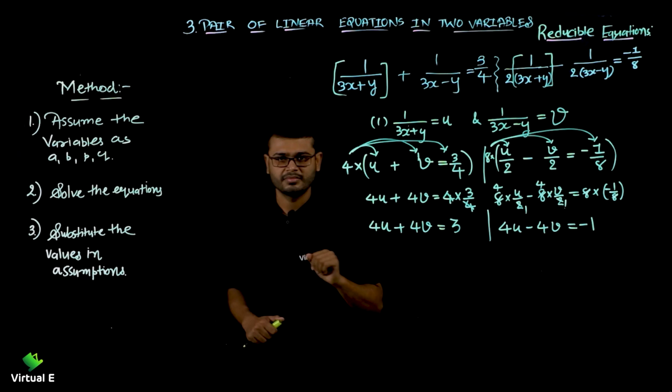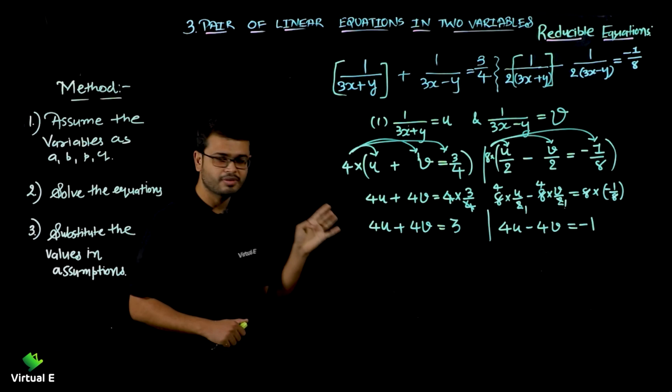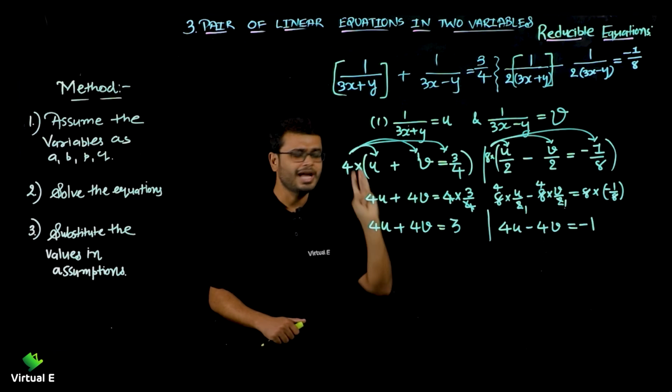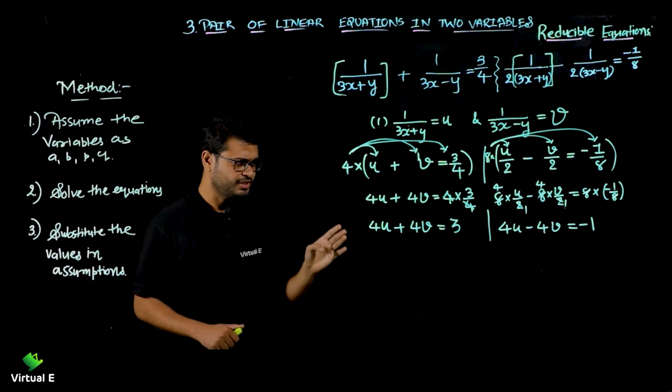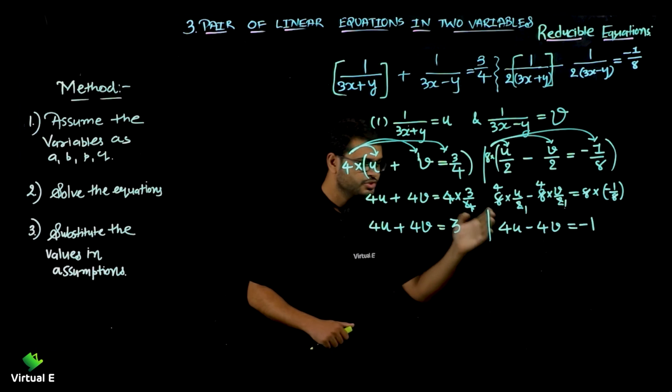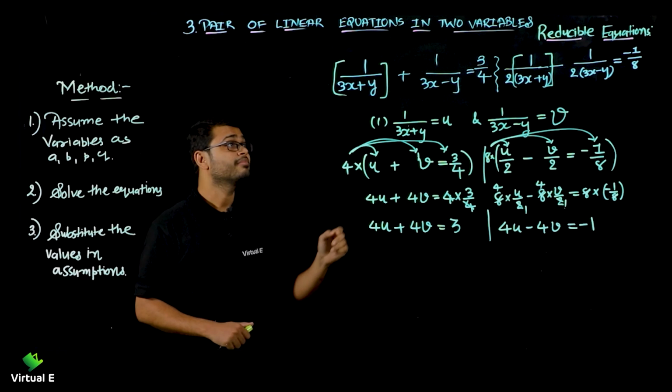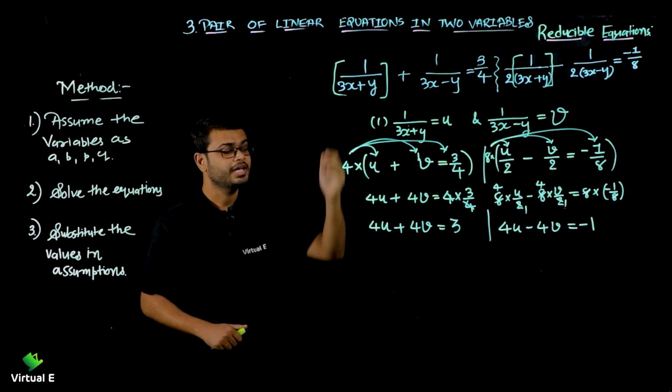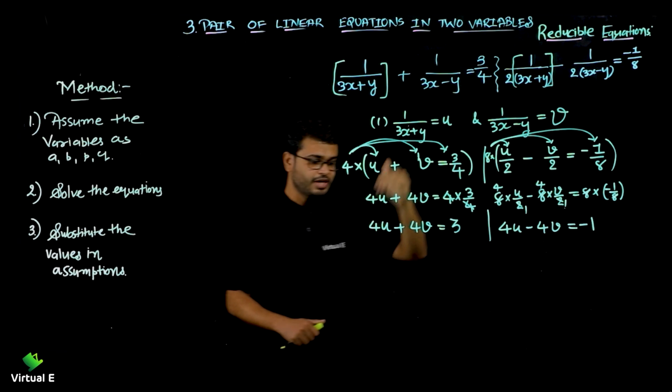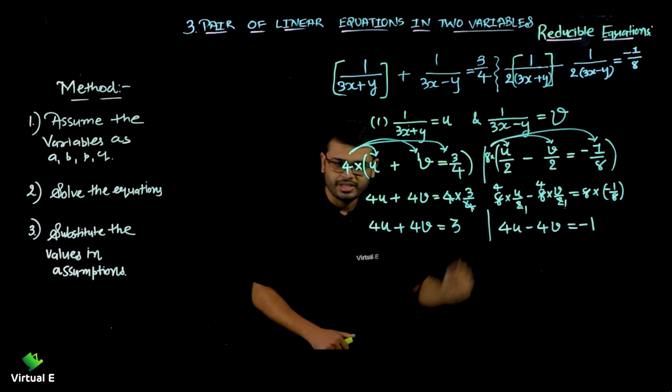So now observe, again we have 4 options to choose from: graphical, substitution, elimination and cross multiplication. Which method can we use to solve these two equations? Remember, we started with fractions in x and y and now we have u and v. We are going to get the solution for u and v.